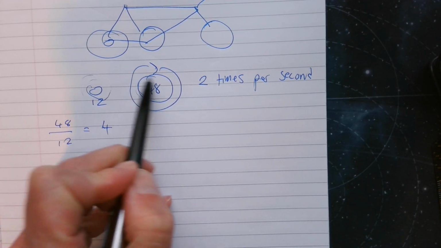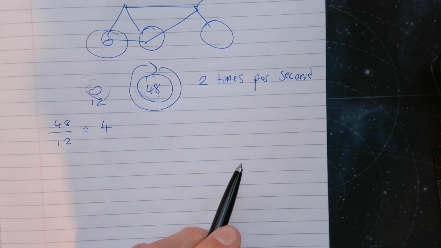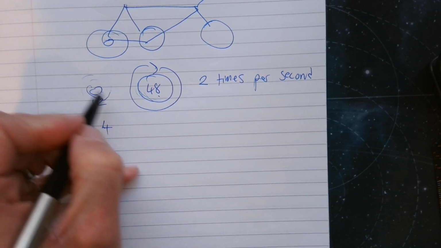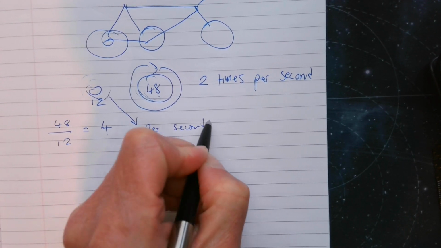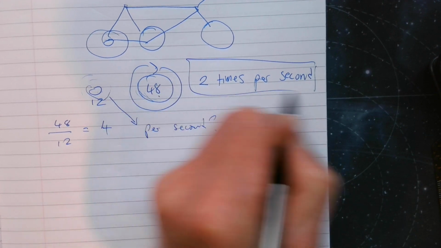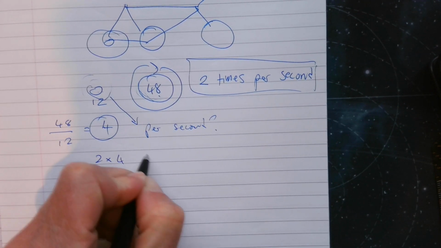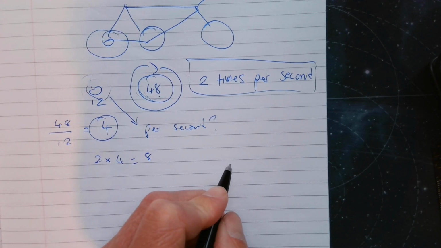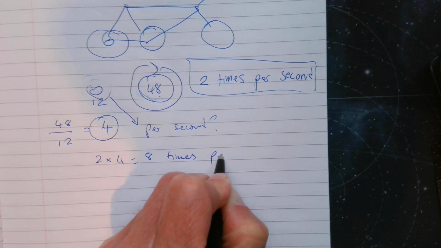So for every time the big gear spins, the small gear is going to spin 4 times. So how many times does this spin per second? Well, if this big gear spins 2 times per second and the small gear spins 4 times more, then it's going to spin 8 times per second.